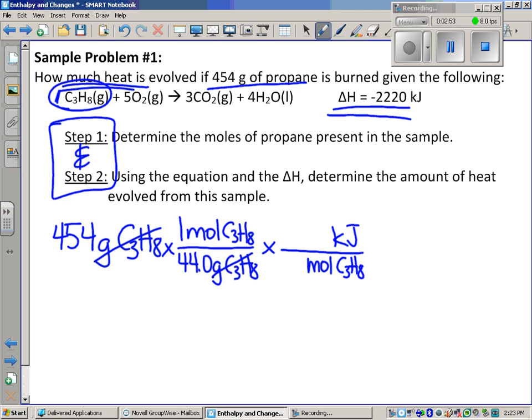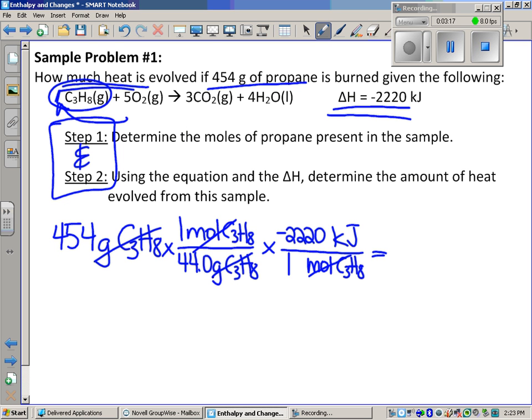It's not kilojoules of C3H8, just call it kilojoules because it's the kilojoules for the whole reaction, but it's related to the mole value. So look back here at the coefficient for C3H8, there's 1 mole. So for every 1 mole of C3H8, we get negative 2,220 kilojoules. And you notice that that gets your unit to where you need it.